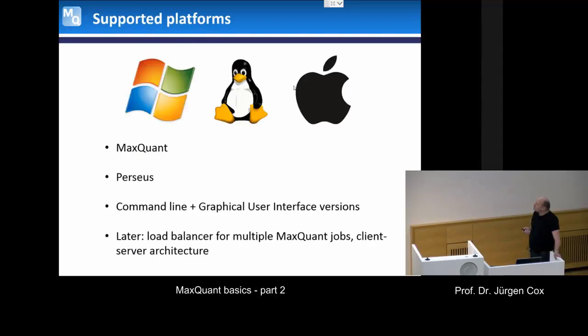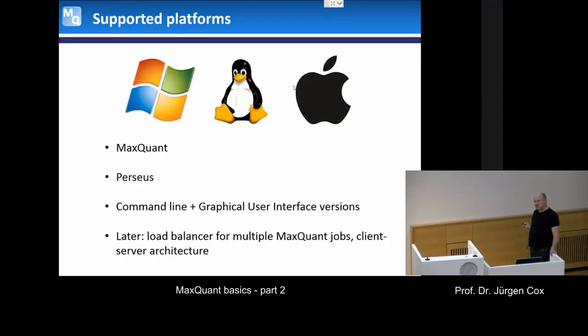Right, so that's probably one of the bigger news for this summer school: we are now supporting all platforms that are out there. You are probably aware that so far we were only targeting Windows platforms. This has something to do with the programming model that we have.